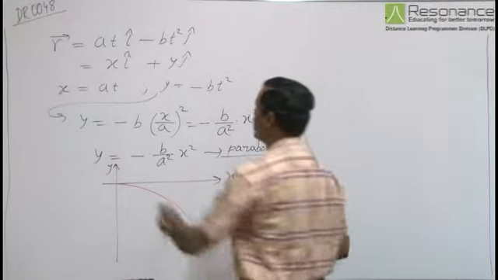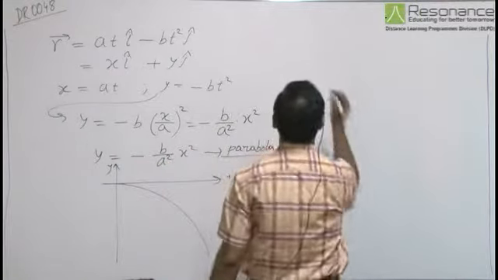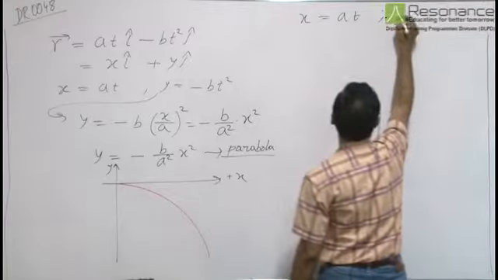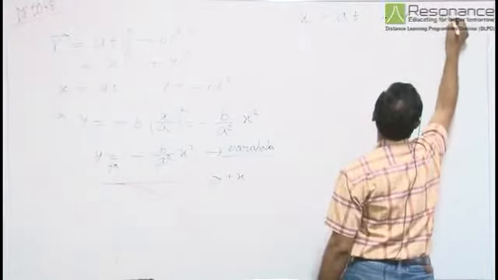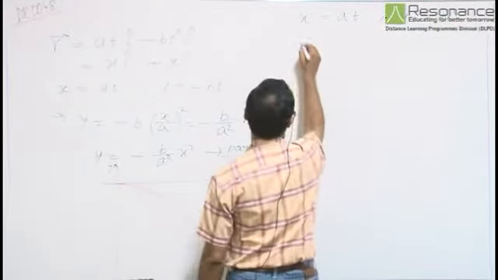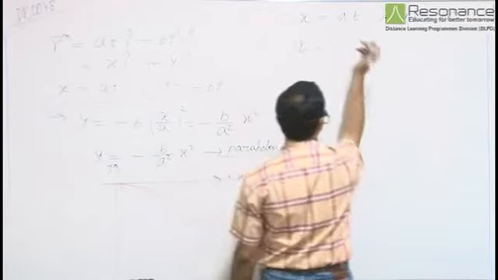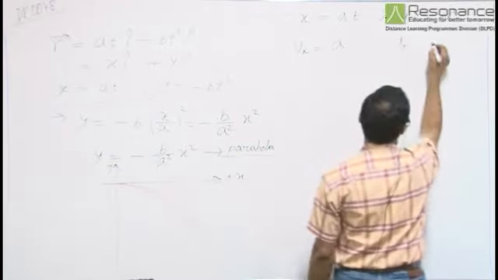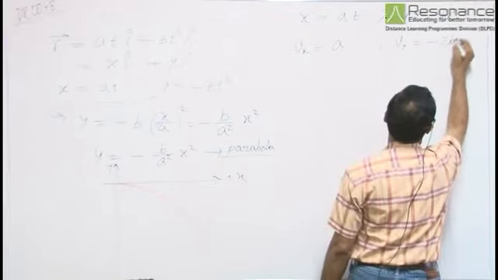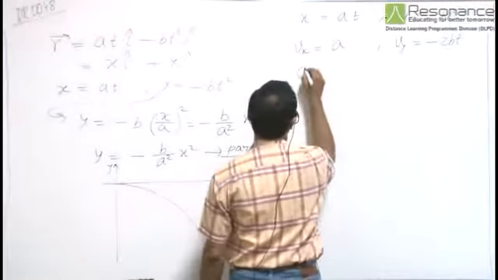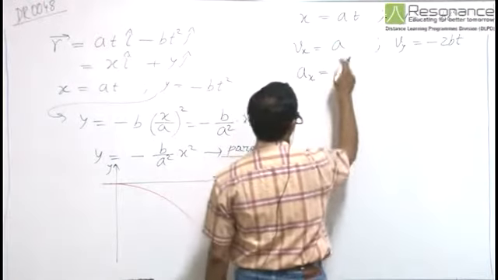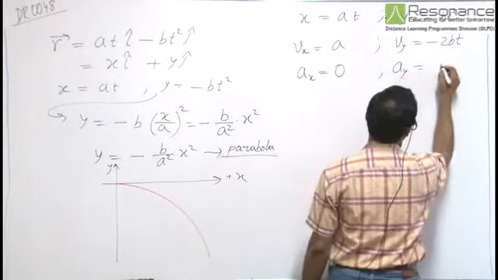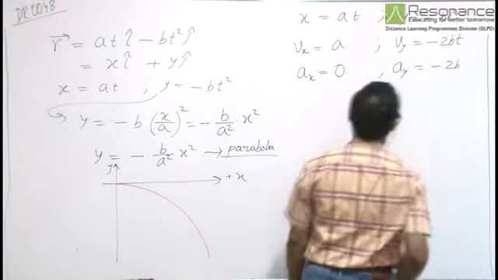Now we need to find the dependence of velocity and acceleration with time. As we know, x is equal to at and y is equal to minus bt². We have vx equal to a and vy equal to minus 2bt, whereas the x component of acceleration is 0 and the y component of acceleration is minus 2b.